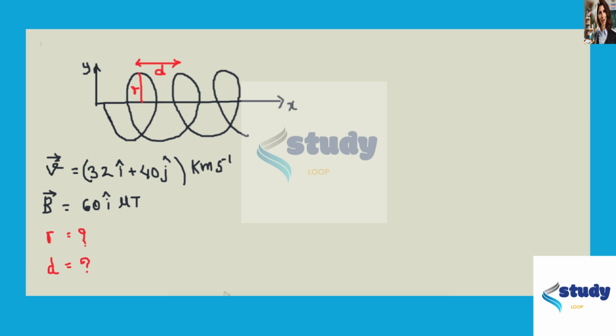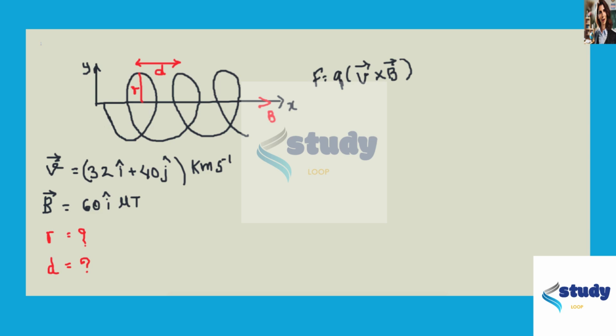So let us start. Since the magnetic field B is along the x direction and the velocity is along both the x and y directions, we have the expression for force, F equals Q times V cross B. If V and B have the same direction, there is no force.